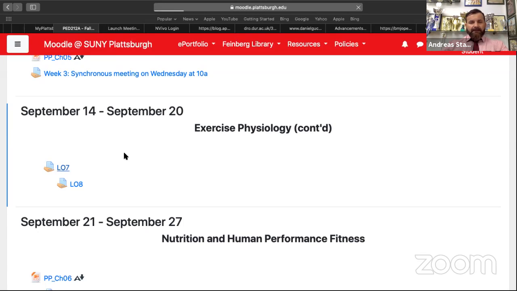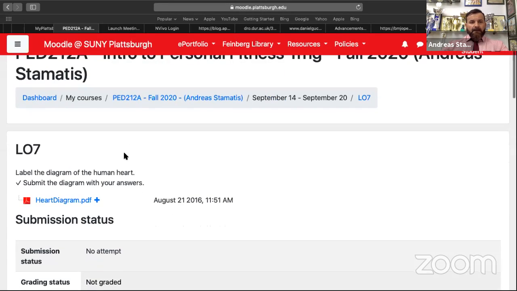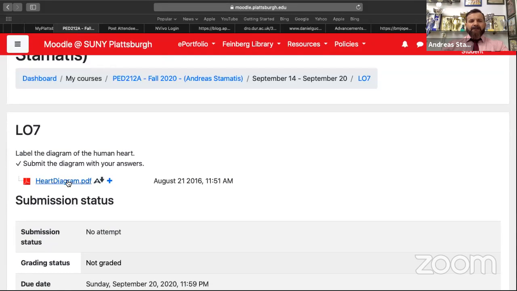Let's look at it. I'll give you some specifics. Kevin has already emailed me, and I was about to explain this. You see there's a heart diagram PDF. If you don't have the software to edit and write on the PDF, that's fine. You can take a picture, print it, write on it, take a picture with your phone, and upload it.